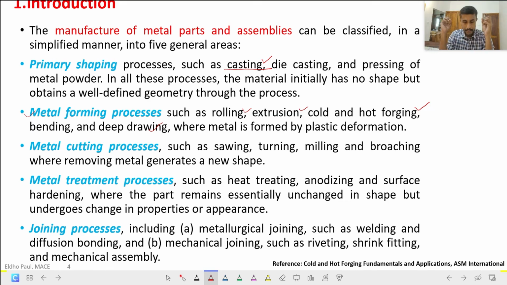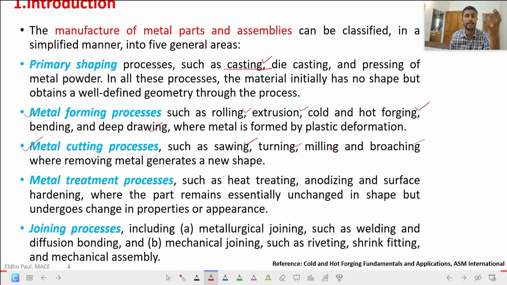The next process is the metal cutting operations or machining process. Because at the end of the metal forming process, we get a part, but it will have less surface finish or accuracy. To improve the surface finish and accuracy, and to cut the remaining unwanted portions, we use different types of metal cutting processes like sawing, turning, milling, broaching.